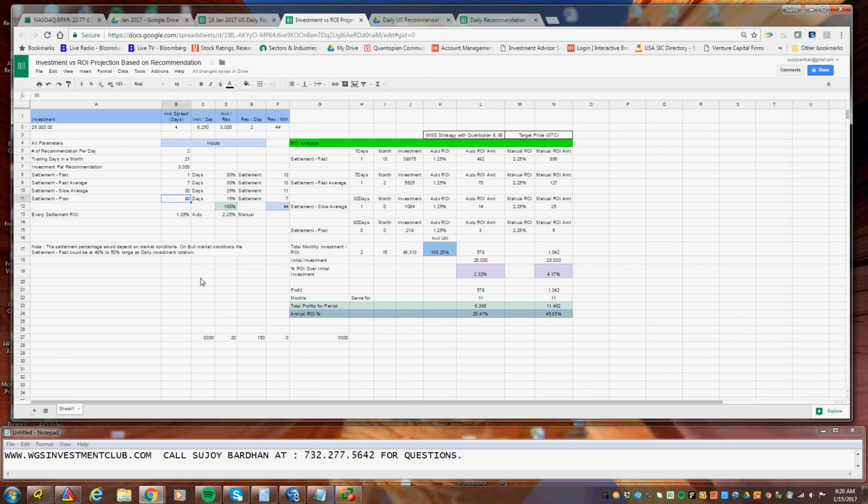So if you concentrate on the first line itself, you are rotating 30% of your investment every day. A bulk of the investment is generating returns for you from the first slab itself.